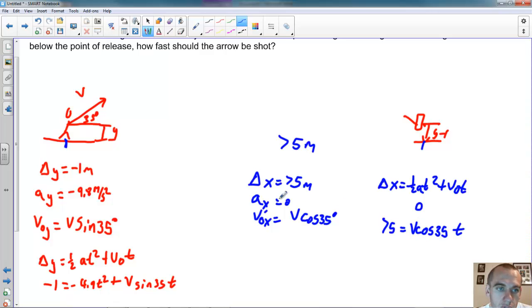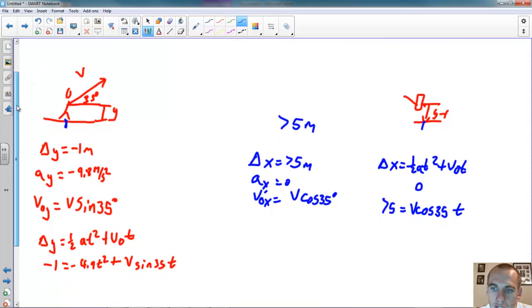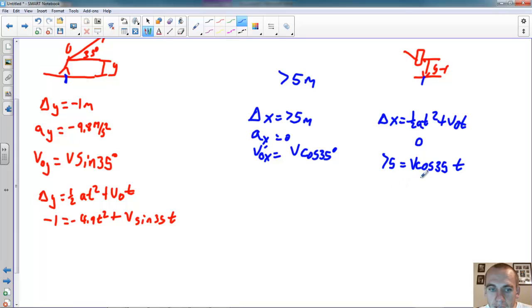And so now I have another equation with two unknowns. But I can solve one equation for the other and then substitute it in. I'm going to either solve this one for v or for t, and t's in more places over here, so I'm going to go ahead and solve for v.